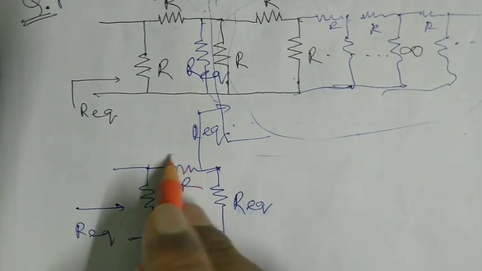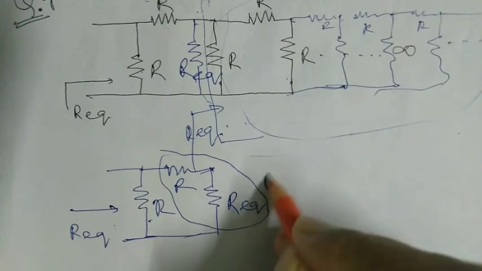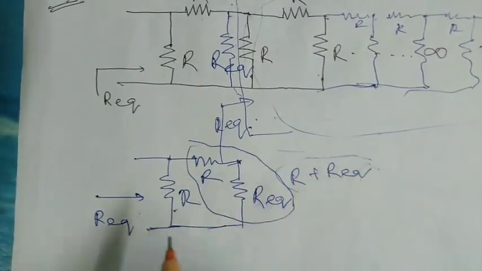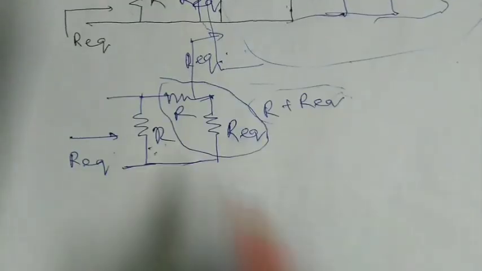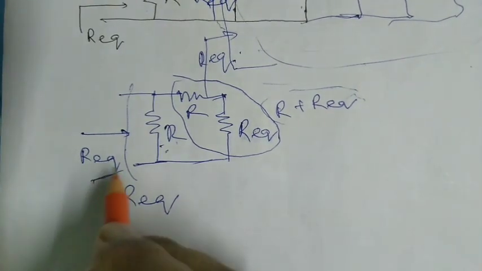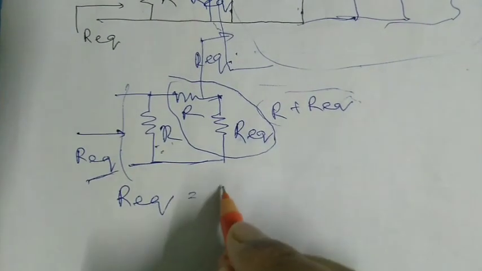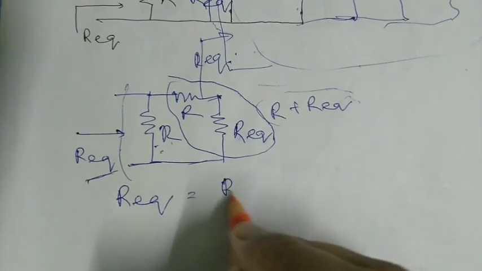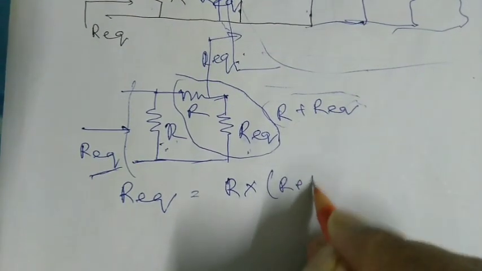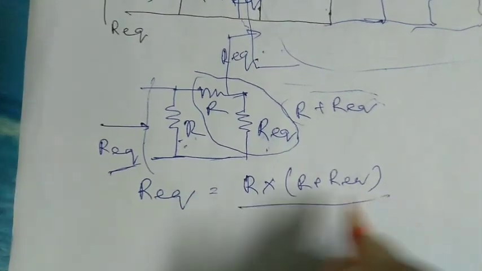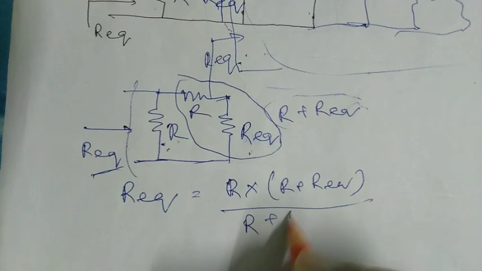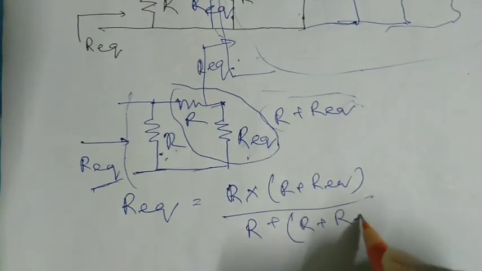Because this portion is in series, so R plus Req, and this R plus Req is in parallel with R. So R equivalent of total, Req, is equal to R multiplied by R plus Req divided by R plus R plus Req.